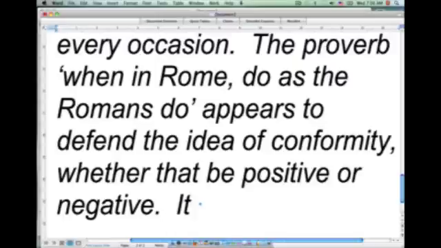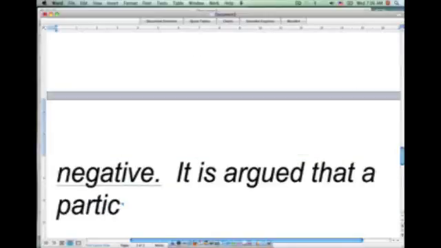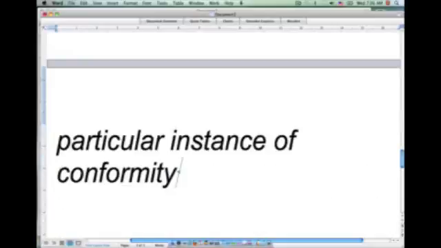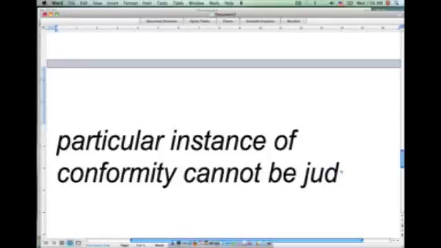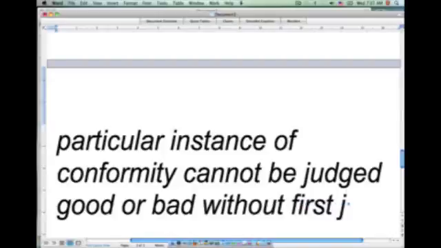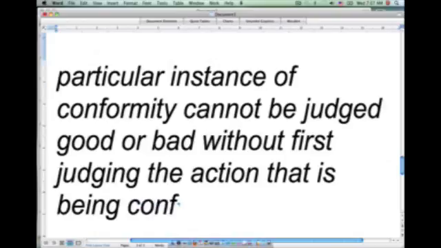So let's say that it is argued that a particular instance of conformity cannot be judged good or bad without first judging the action that is being conformed to.